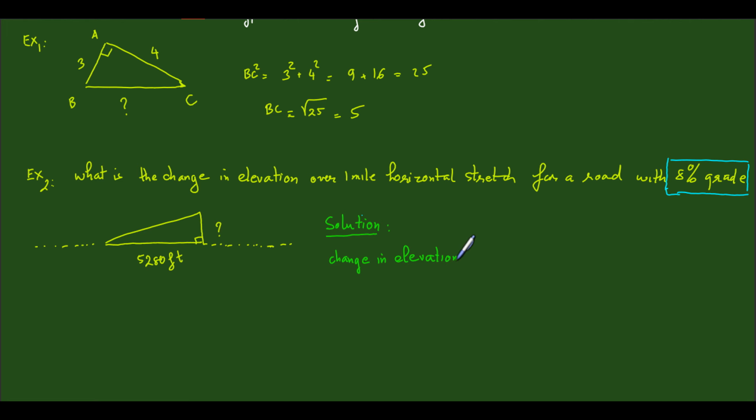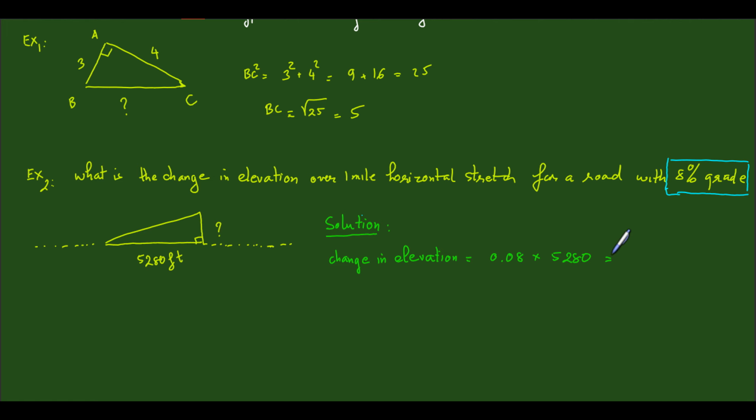So in order to find the change in elevation, it will be equal to 8%, which is 0.08, multiplied by the horizontal distance right here, which will be 5,280.